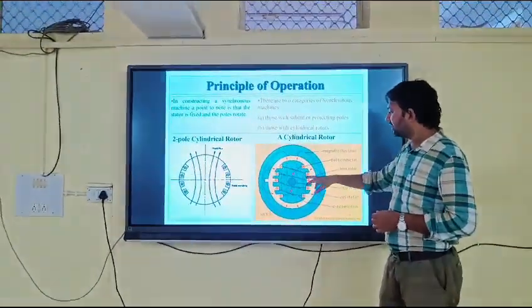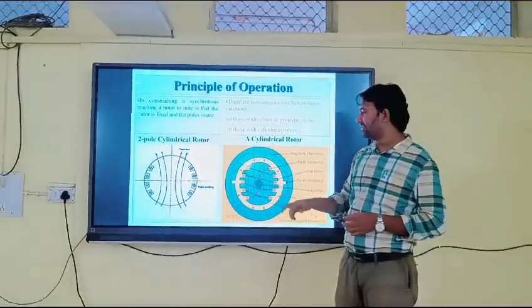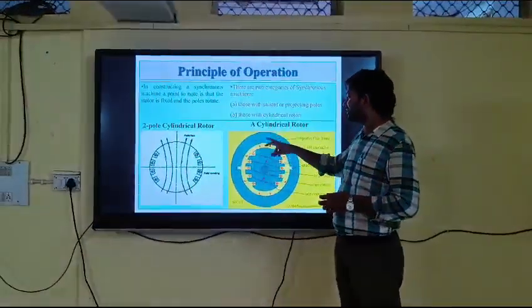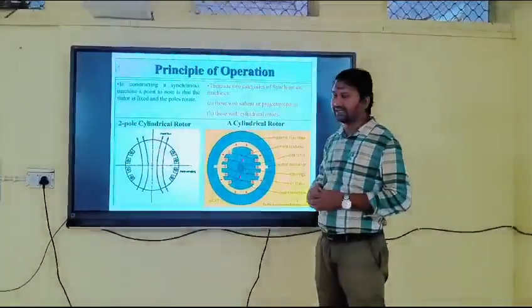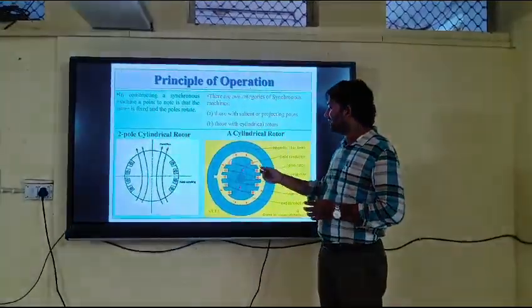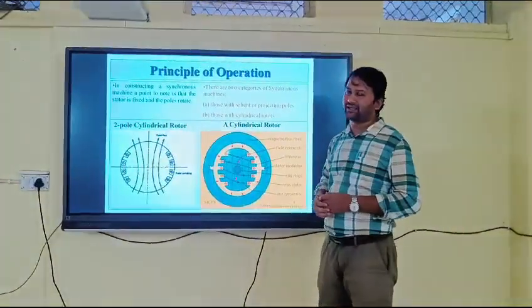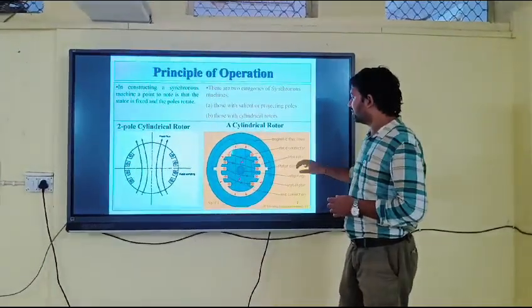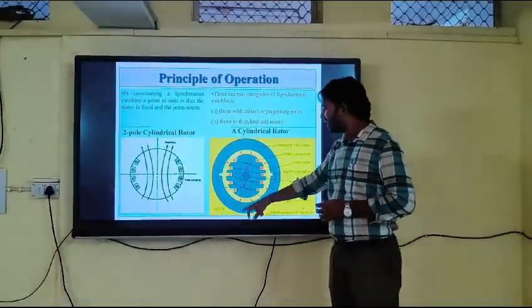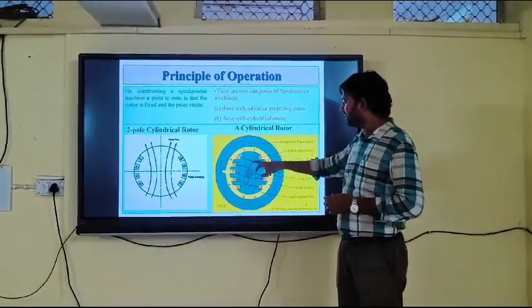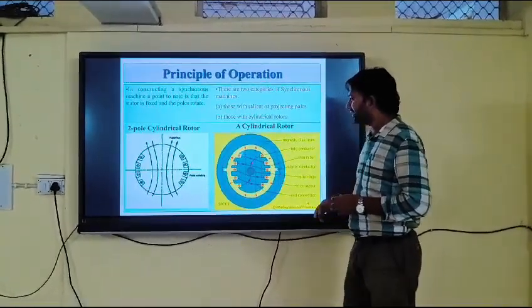Here, due to the change in magnetic field in the rotor, a flux is circulating in the machine, and so an EMF is induced in these conductors. These lines are the magnetic flux lines around the conductors.